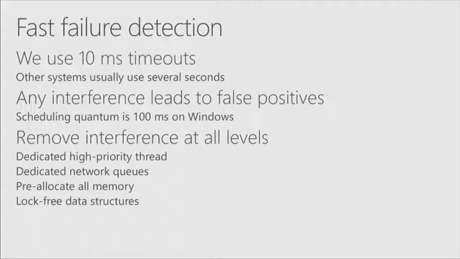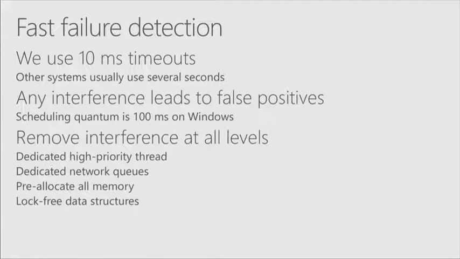I mentioned already that we need fast failure detection, obviously, to recover from failures in a short period of time. So we use 10 millisecond timeouts, which is a lot shorter than other systems. The goal when implementing a failure detector is to have as short a failure detection time as possible, but also as few false positives as you can, because every false positive is going to be quite expensive, as it will require going through all the recovery steps.